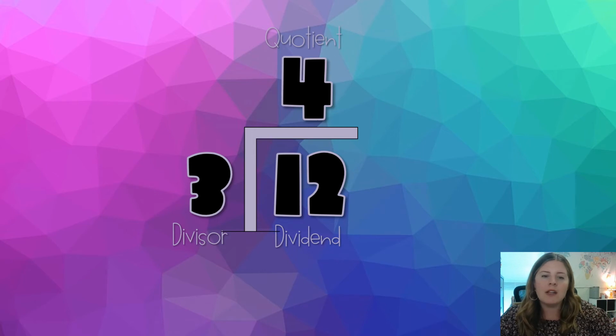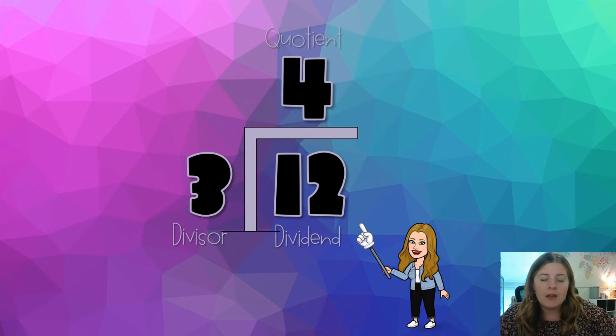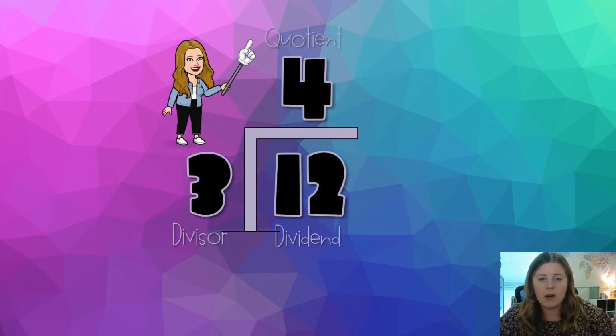The divisor is outside the house, and the quotient's on top. So the divisor is how many times the dividend's being split. So it's being split 3 times. What's being split is 12. So 12 divided by 3 equals 4. 4 is the answer, or also known as the quotient.